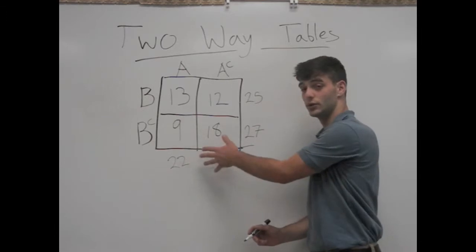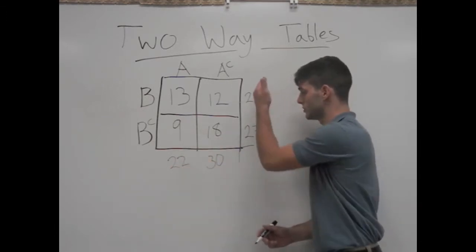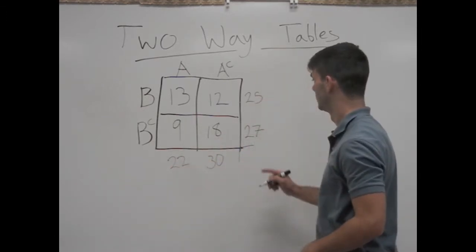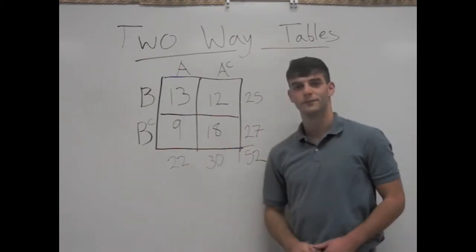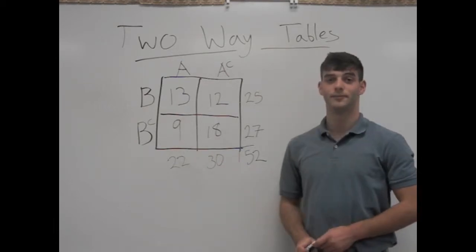Next, to find our table total, we're going to add up either the rows or the columns into this section here. And that is how you draw a two-way table.